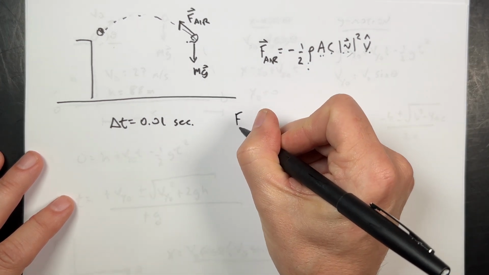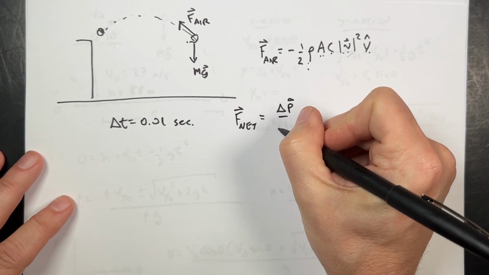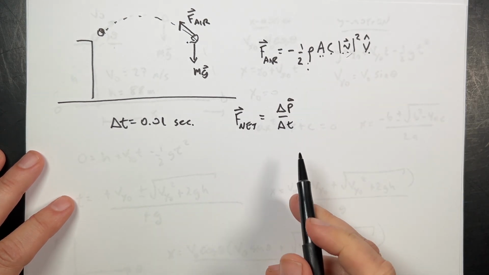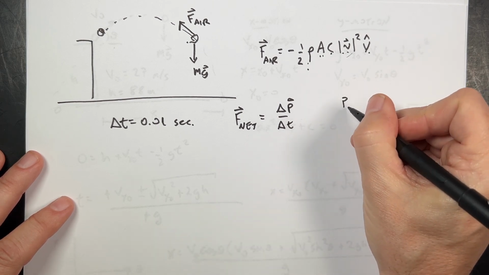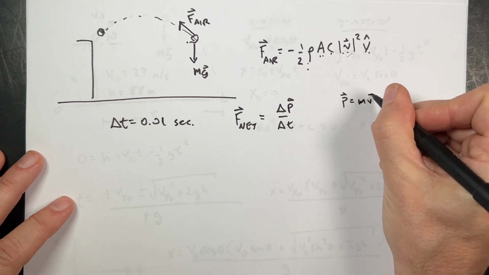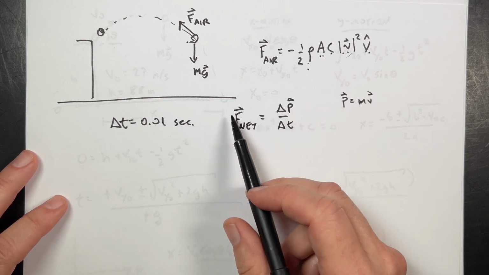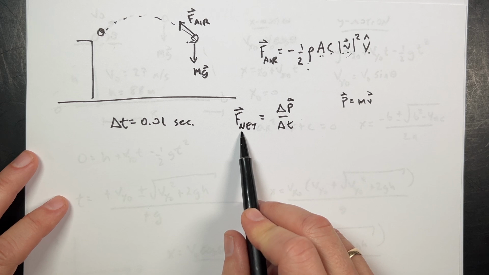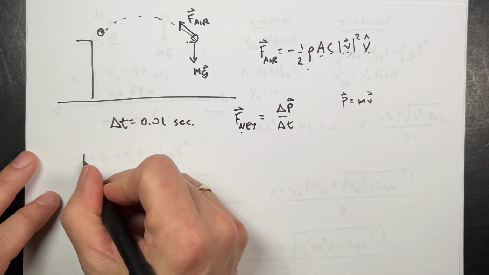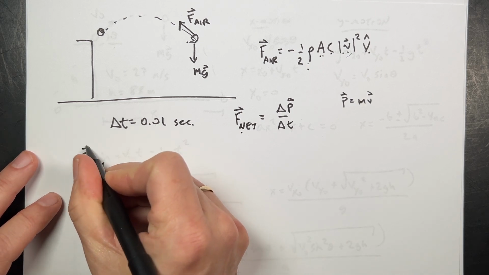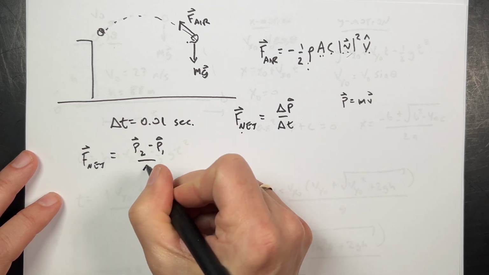So I can say that the net force is the rate of change of momentum. If you want to write this in terms of mass and acceleration, you can. I always do it in terms of momentum, so I'm kind of stuck. That's just what I do, where momentum is mass times velocity. You could do it as mass times the change in velocity. It will work. But if this is the case, I can calculate this vector value of the net force, and I can relate that to the rate of change of momentum like this, such that F net is P2 minus P1 over delta t.